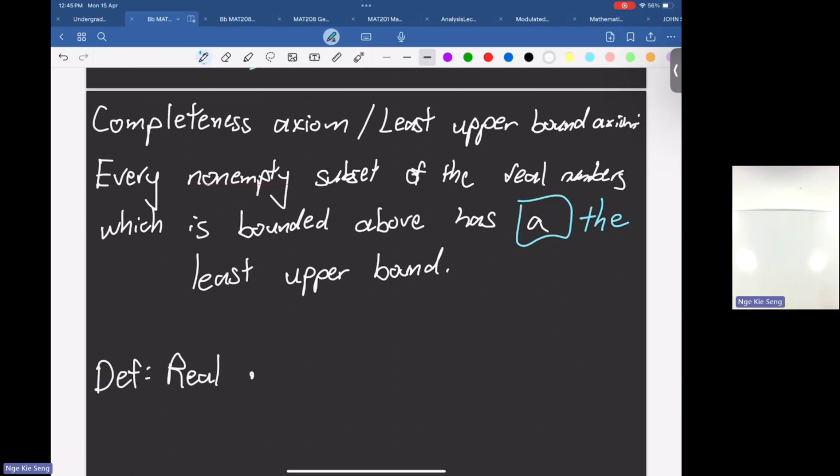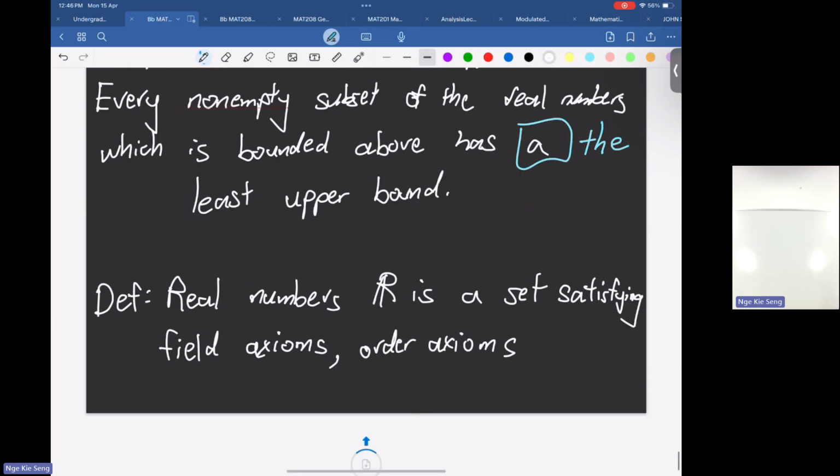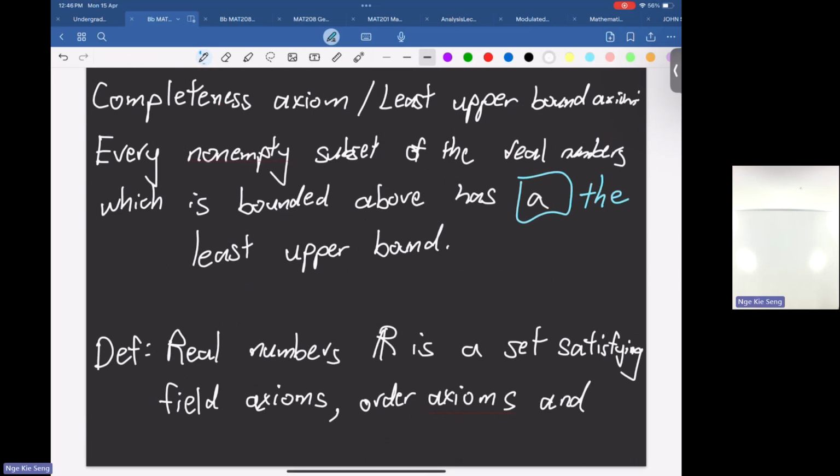The real numbers are a set that satisfies three sets of axioms: the field axioms, so you can add and multiply and so on; the order axioms, from which we can deduce 1 is greater than 0; and finally the completeness axiom.